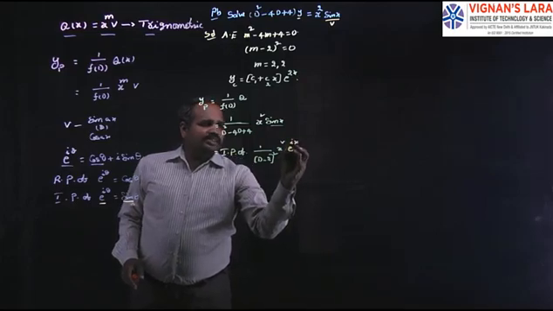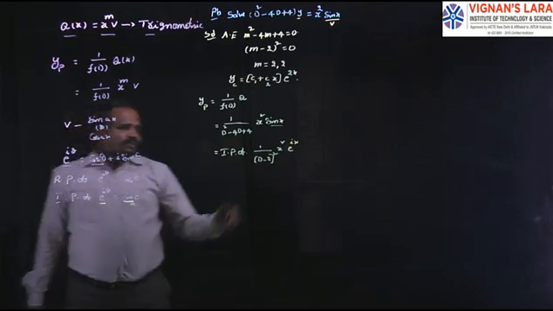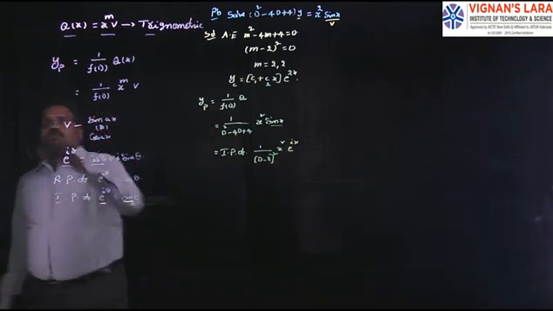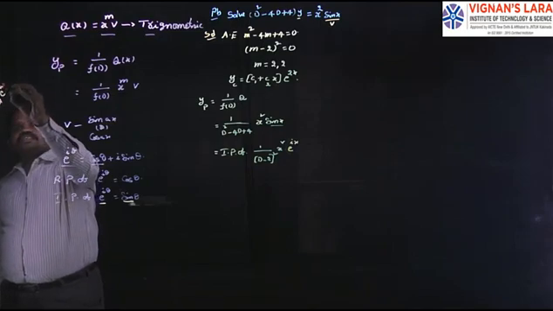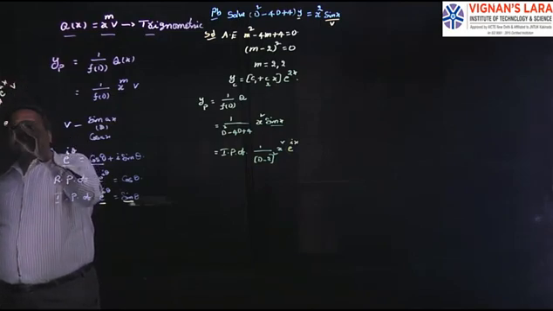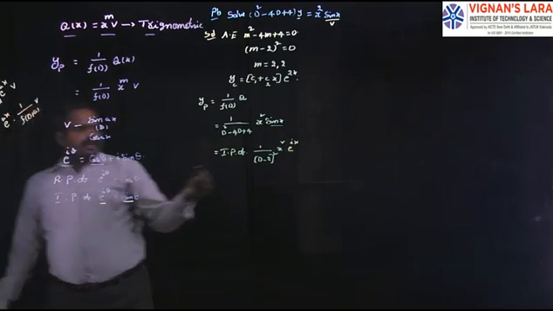Because sin x can be written as the imaginary part of e power ix. Now it is in method 4. In method 4, 1 by f of D into e power ax into V can be written as e power ax into 1 by f of D replaced by D plus a, into V.